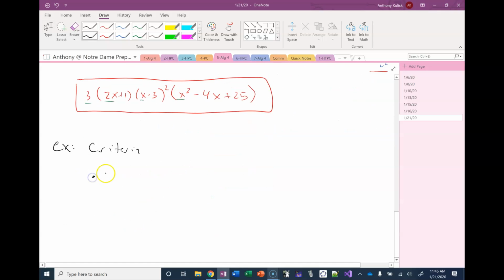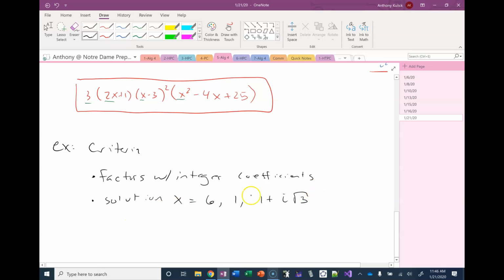So here my criteria are, again, we want factors with integer coefficients. We want the solutions, minimum degree, and then let's say no constant term.